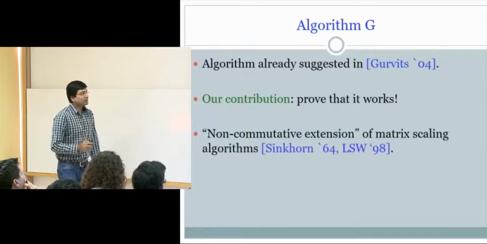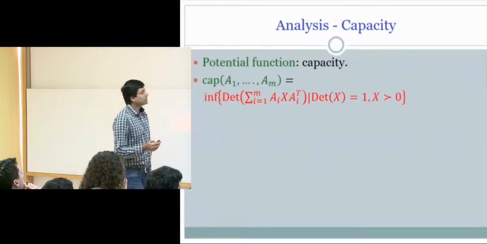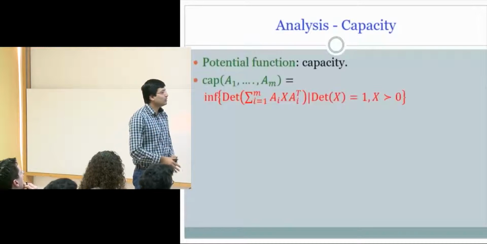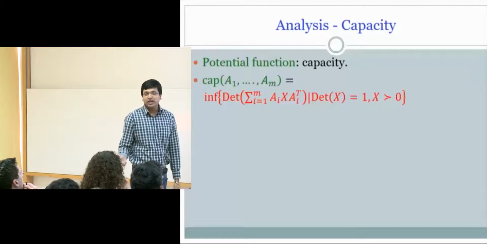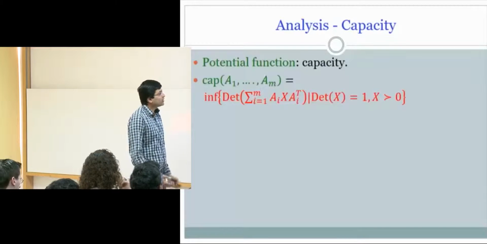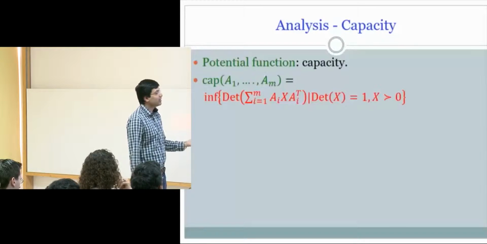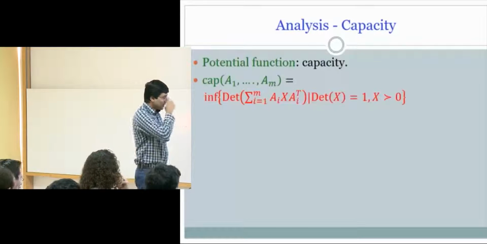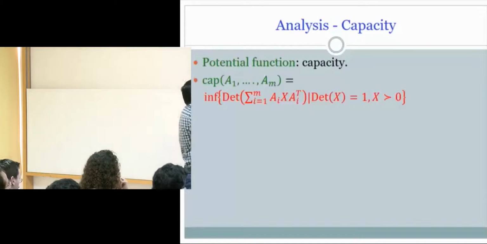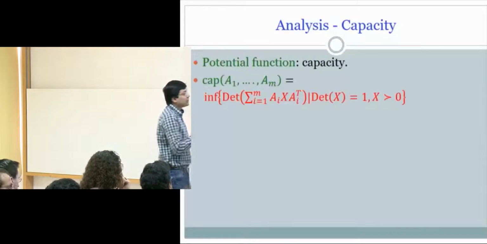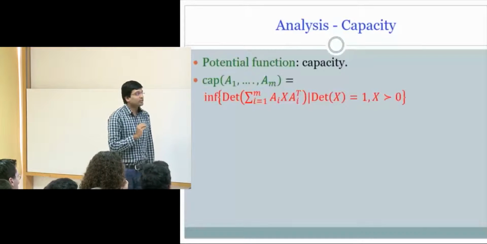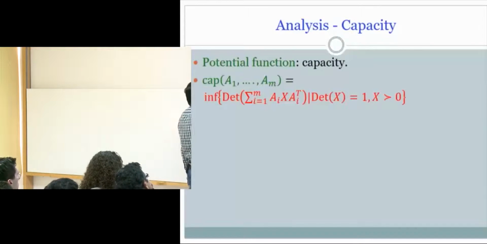Okay, so this is the algorithm, and we prove that it works. How do you prove it works? You need a potential function. The potential function that we use is something called the capacity of these matrices A1 to Am. So what is the capacity? You look at the action of these matrices on a matrix X, so you look at summation AI X AI transpose.